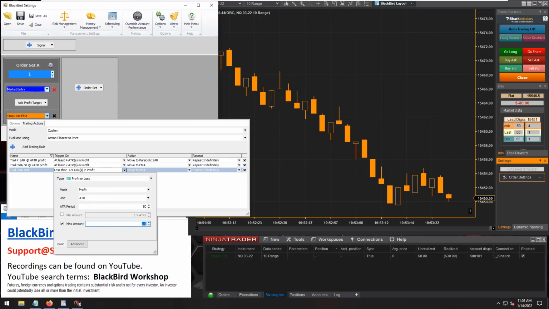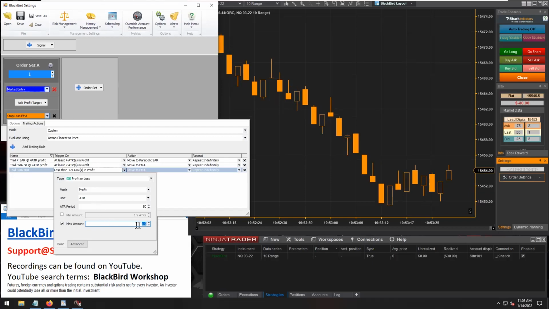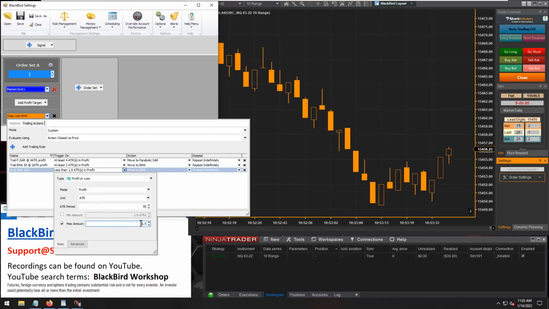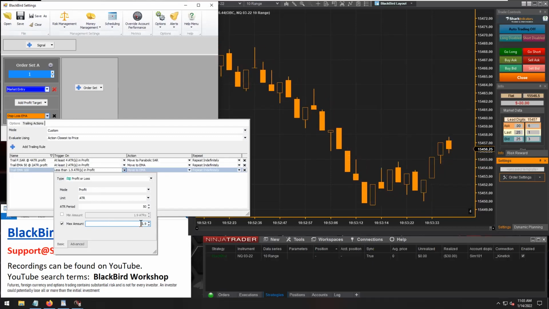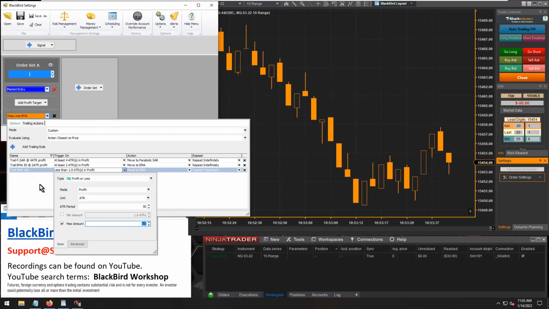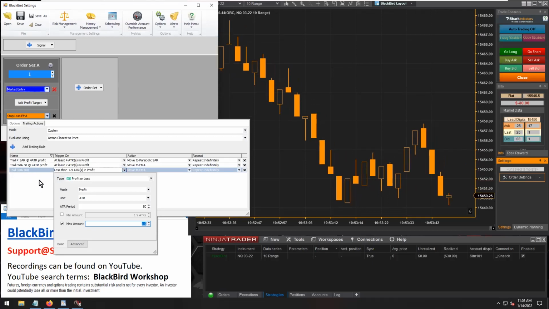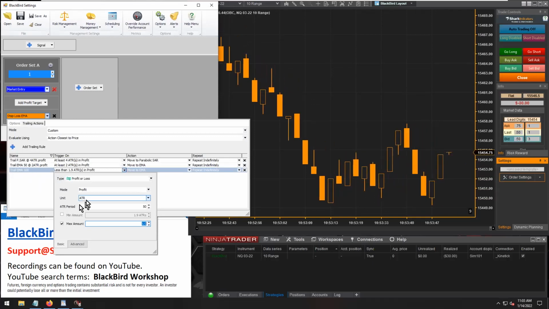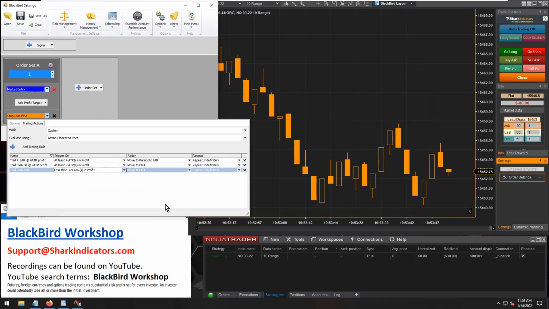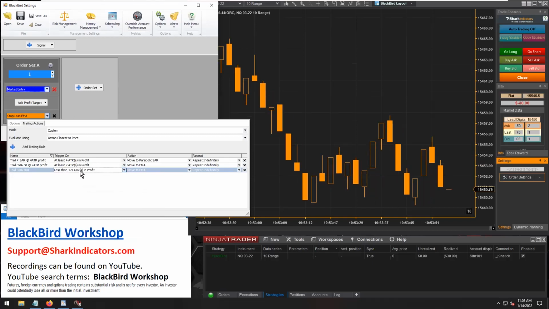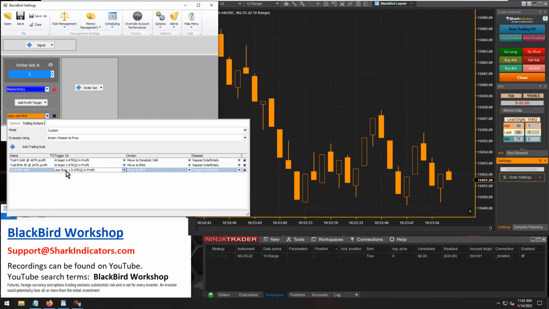So as long as the profit is underneath 1.9, this trailing rule remains in effect. Once the profit goes beyond this maximum amount, so to 2 ATRs, then this is no longer triggered.